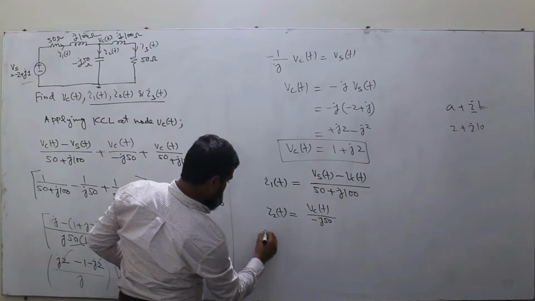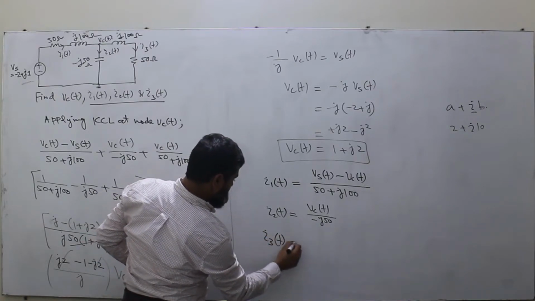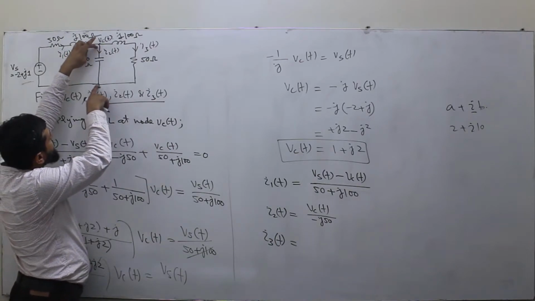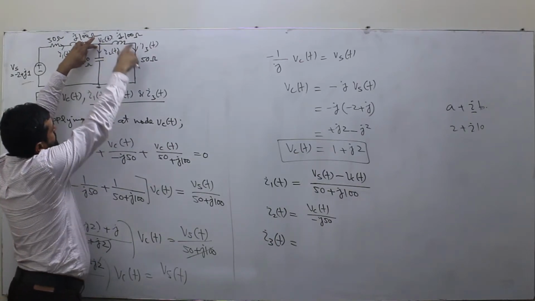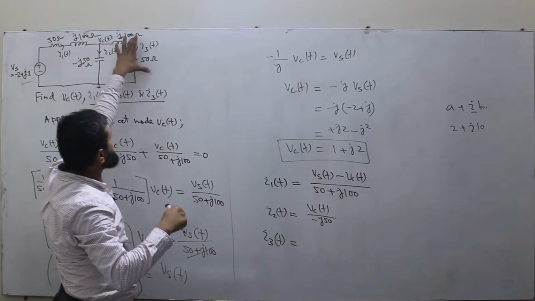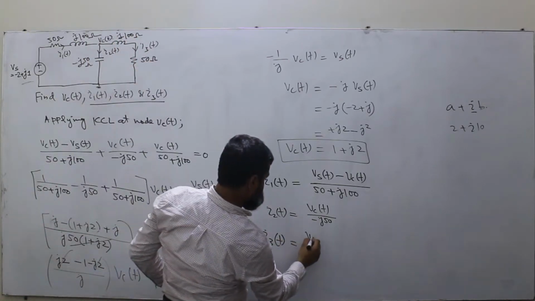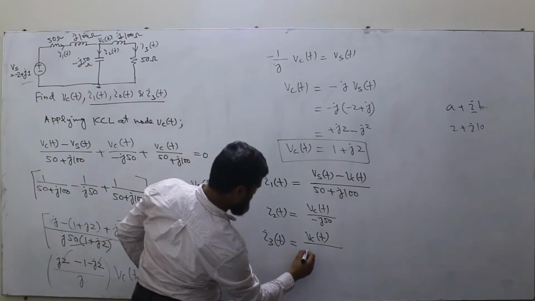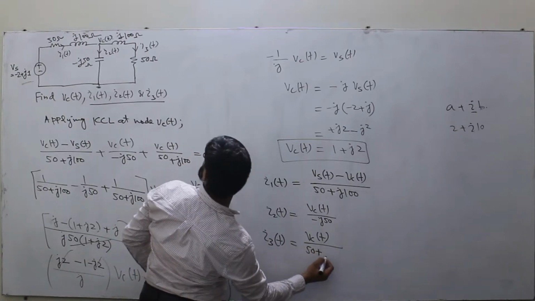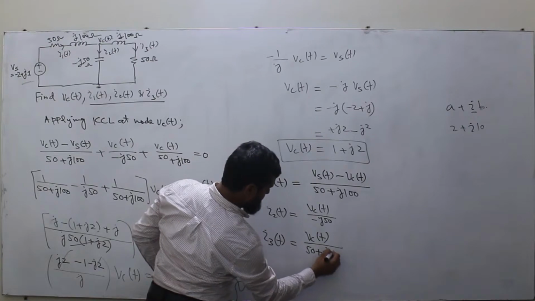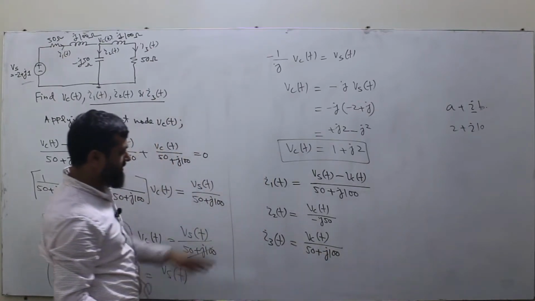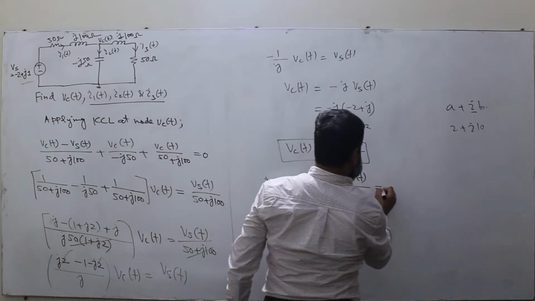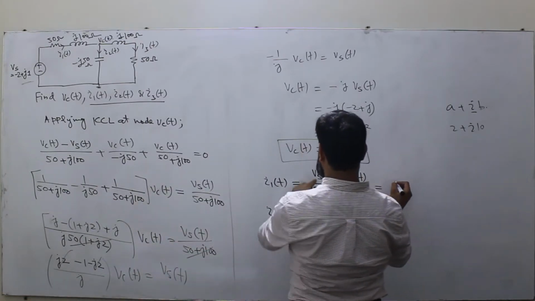Similarly, for the last branch, again this voltage is the same from this point to this point. So Vc(t) divided by 50 plus j100 will give us the value of the third current. You can again simplify these values now, and you will have the answer.